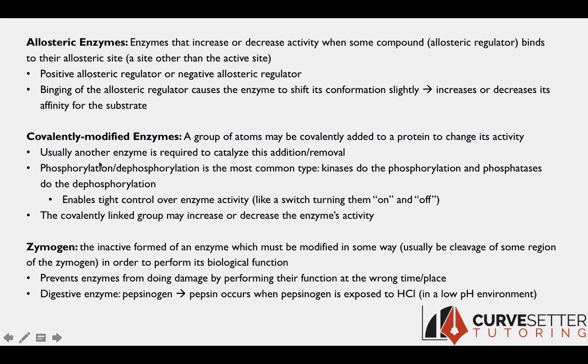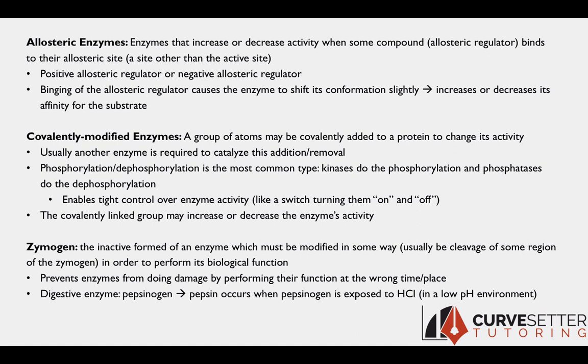The most common type of covalent modification to enzymes is phosphorylation or dephosphorylation of enzymes. Kinases are the other enzymes that do the phosphorylation, and phosphatases do the dephosphorylation. This enables really tight control over enzyme activity. It's like a switch turning the enzymes on and off.